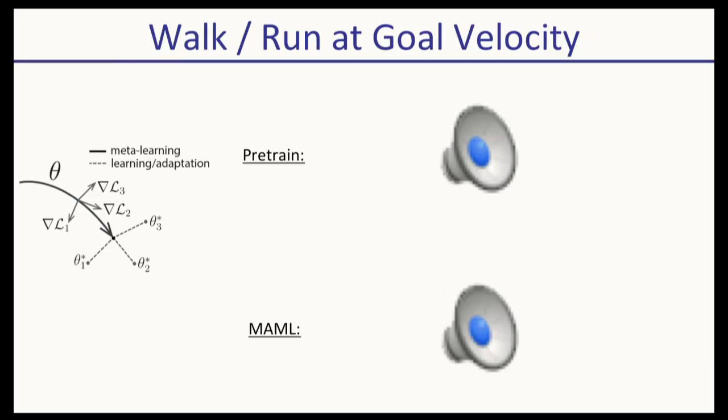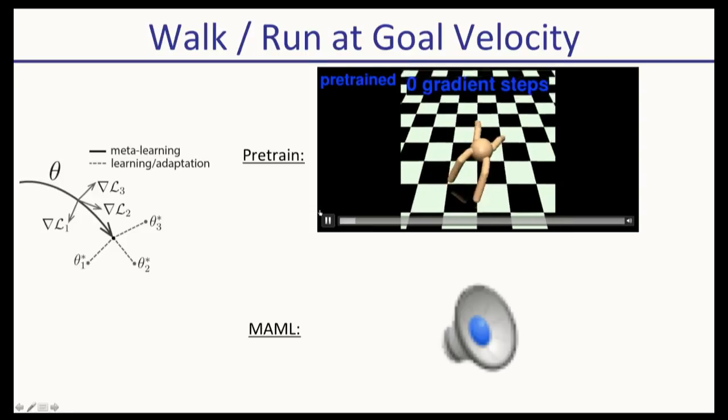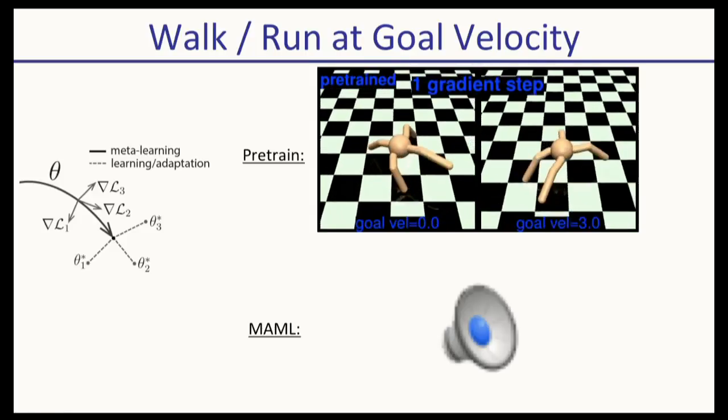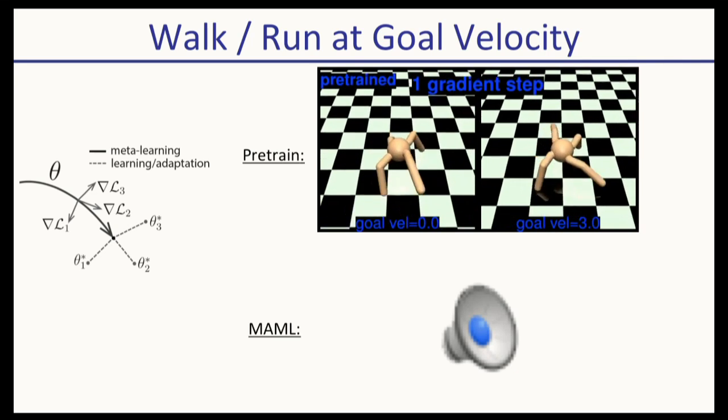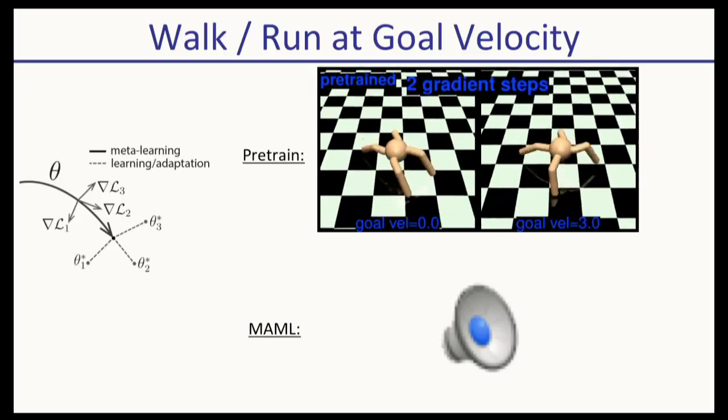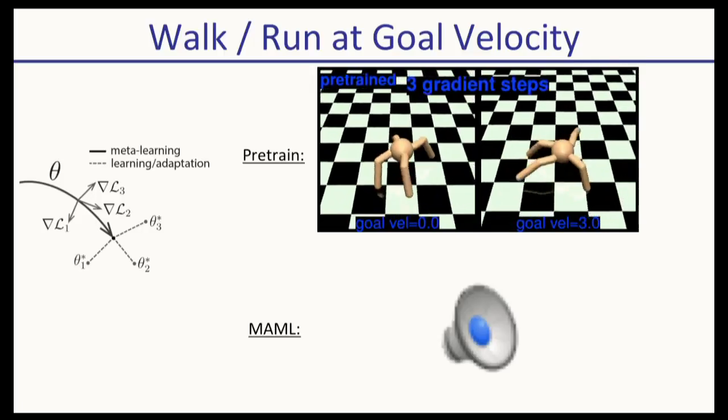OK, so you can consider the same challenge problems as we looked at before. This one here is the AND problem. This is what happens if you just do some pre-training on all tasks that you might want to consider in terms of running around. The resulting theta is not optimal for any one of them.